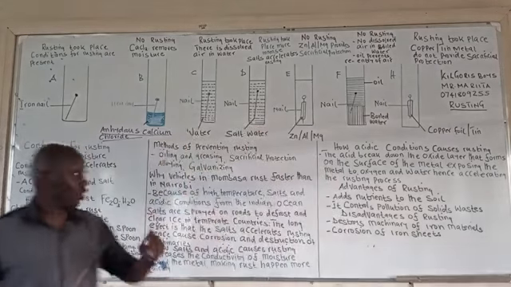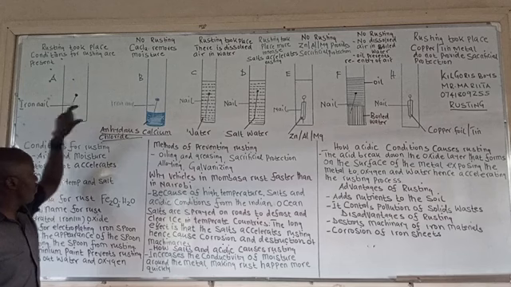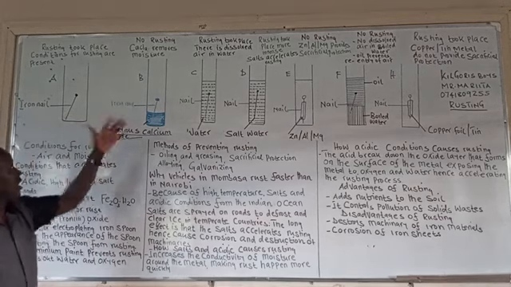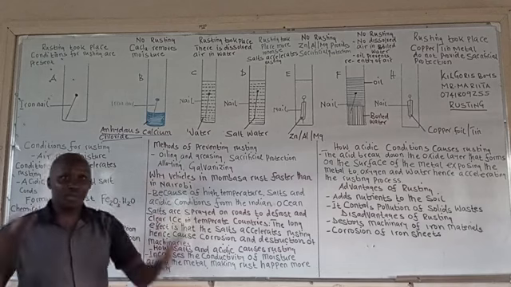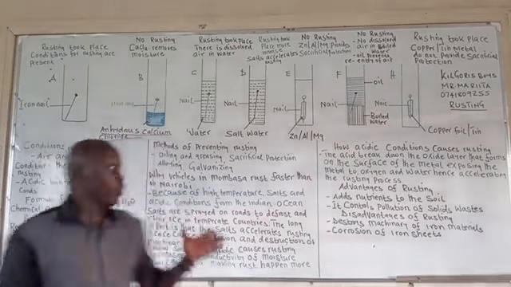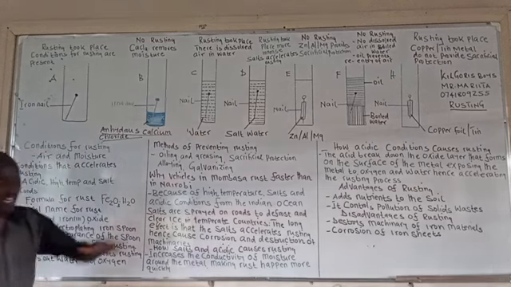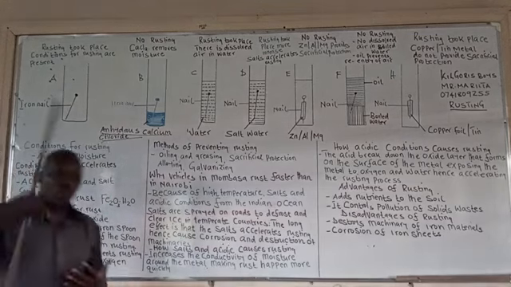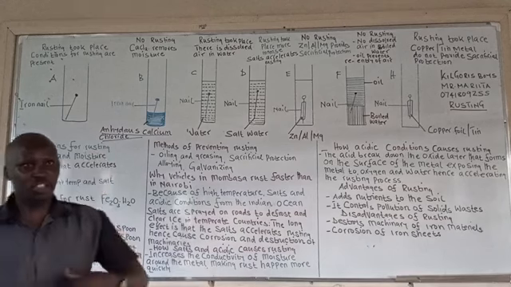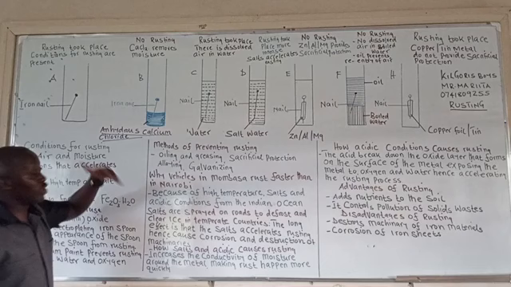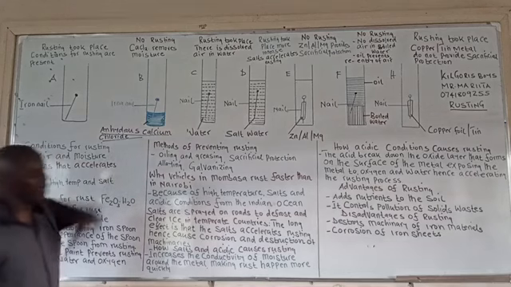That means there will be no rusting in this test tube P. It is very important to note the purpose of the anhydrous calcium chloride in this experiment. So don't say that rusting did not take place because air and moisture are absent. That one is wrong. You are supposed to state specifically that it removes the moisture, a condition required for rusting, and that is why rusting did not take place in test tube P.